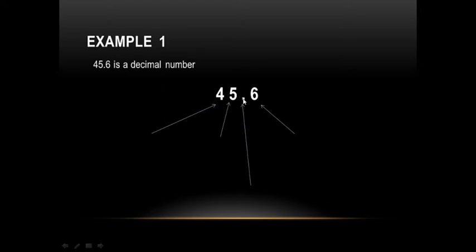This dot is called as a decimal point, and the numbers which are given before the decimal point, that is called as a whole part of that decimal number, and the digits which are given after the decimal point, that is called the decimal part. So this is called whole part and this is called a decimal part.